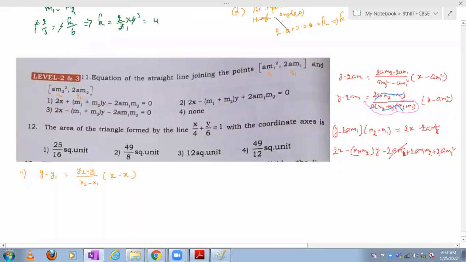Minus 2am1 square plus 2am1 square cancels, is equal to 0. Okay?